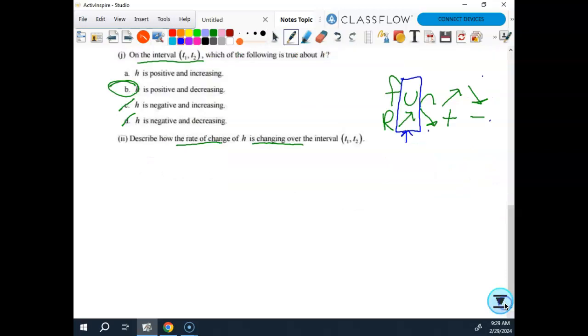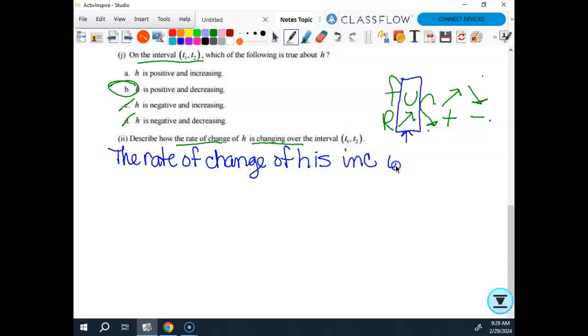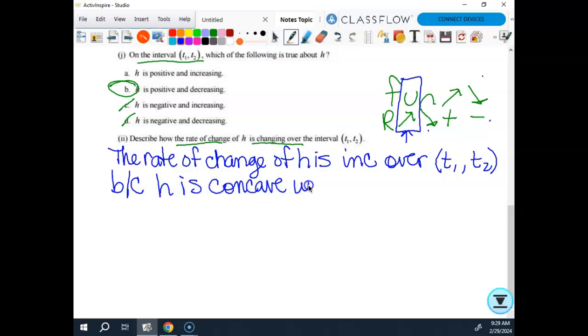Okay? So then we go to write that out, and we can say, just getting the words from the question, the rate of change of H is increasing over T1, T2 because H is concave up on that interval.